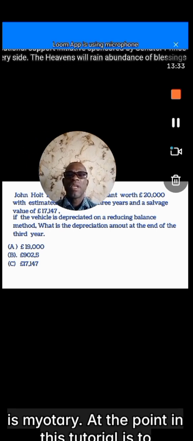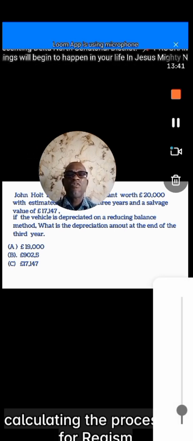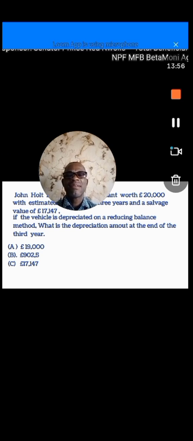And the point in this tutorial is to inform students that for the last year of calculating depreciation under the reducing balance method, we will not use the rate. What we are going to use is the beginning balance of the last year minus the scrap value as shown in the question.